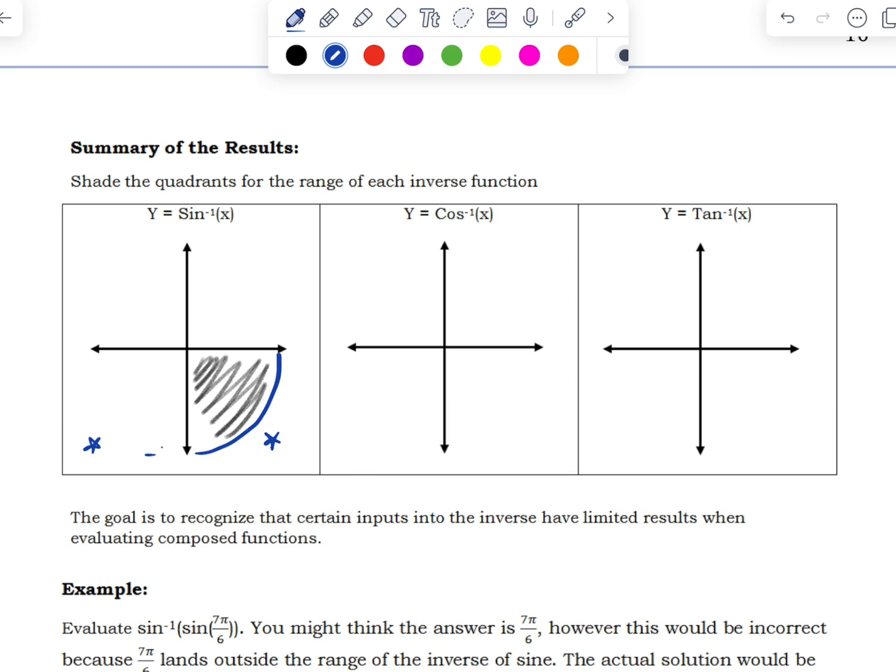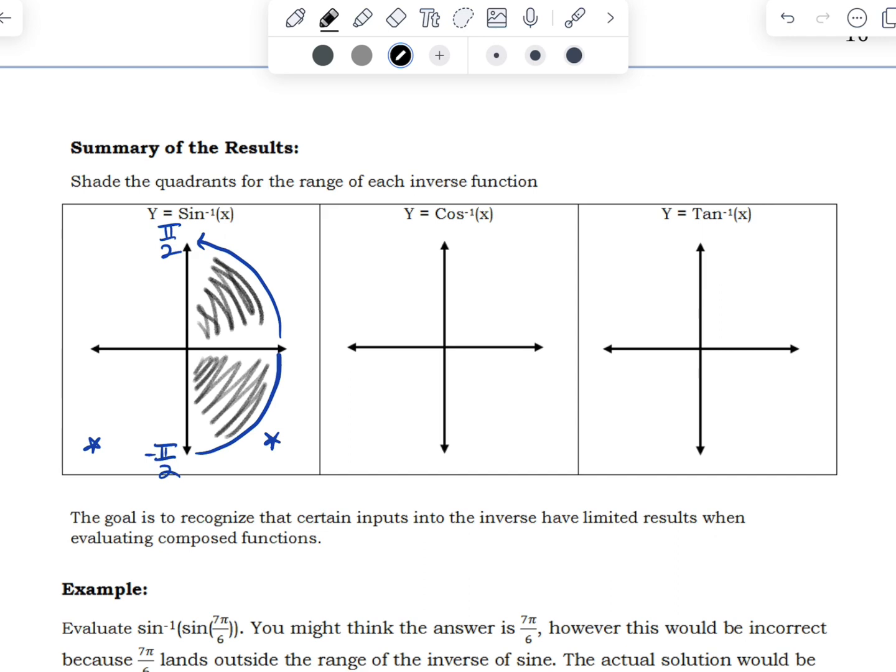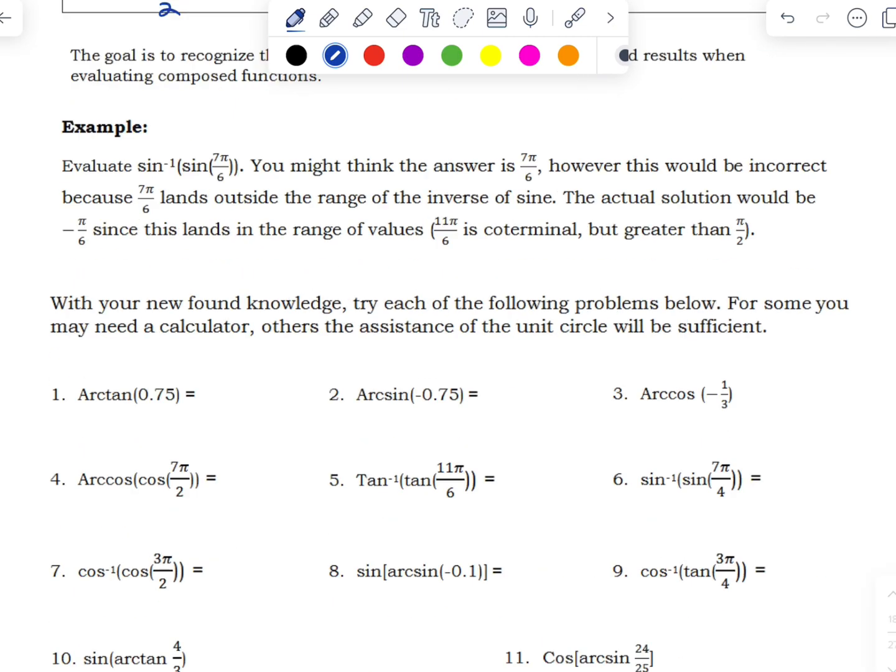So we're going to go from negative pi over 2 and then up to pi over 2. So our answers are going to come from the first and the fourth quadrant because this is the one place where we have a positive sign and this is the one place where we have a negative sign. So one of each. Basically, we're not double dipping on any particular value.